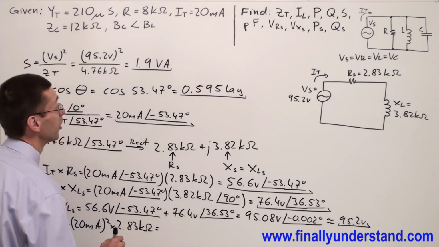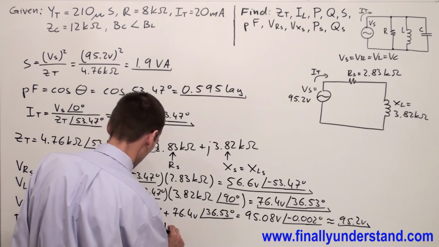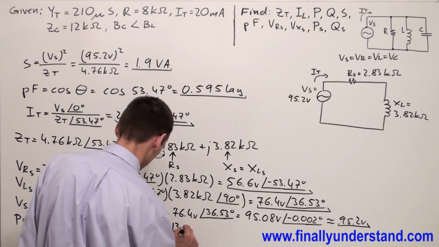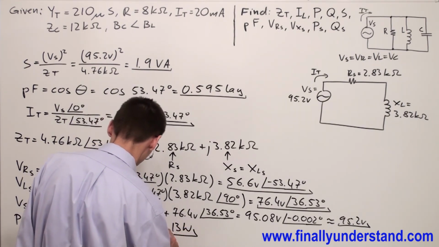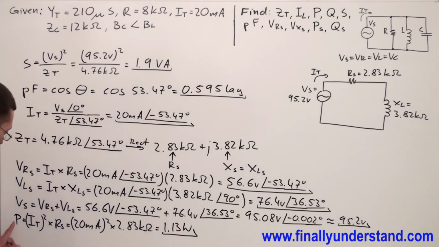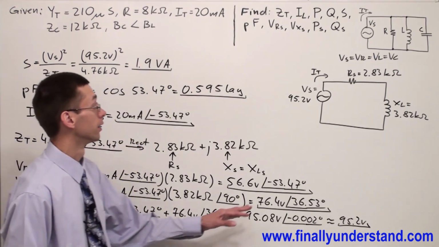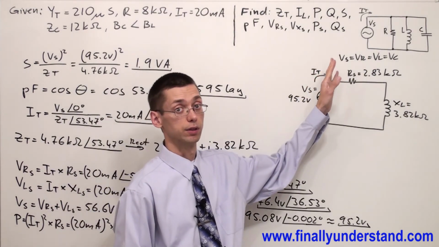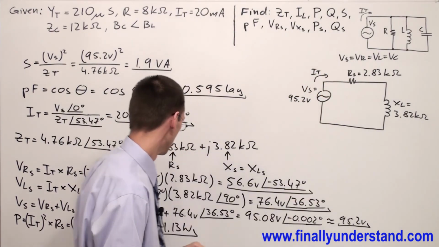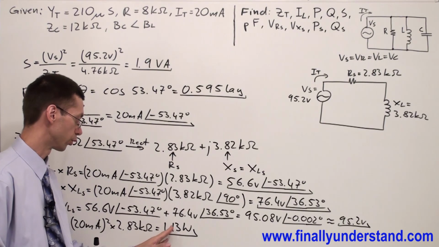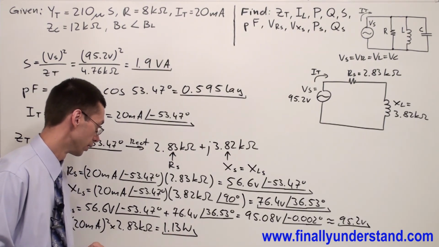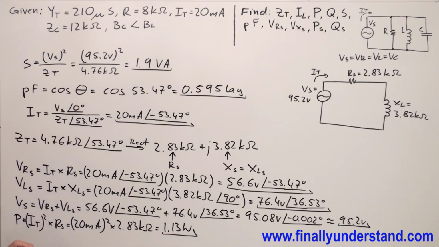This is equal to 1.13 watts. Let me remind you that the true power which we obtained in the parallel circuit was exactly the same. It was 1.13 watts. So it means that we are doing everything fine.